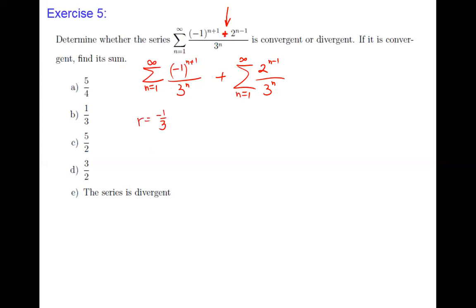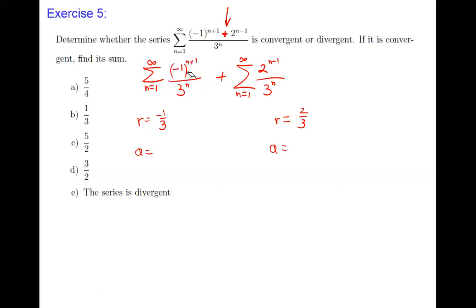Negative 1/3 is the common ratio for the first one. For the second one, I see 2 to the power of n and 3 to the power of n, so 2/3. Both common ratios are less than 1 and greater than negative 1, so they satisfy the convergence condition. That means both of the infinite series are convergent. Let's find the sum. We need a first term for both of them.